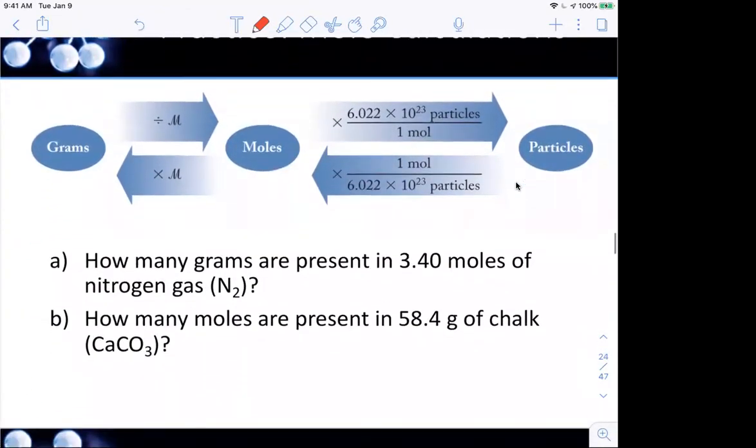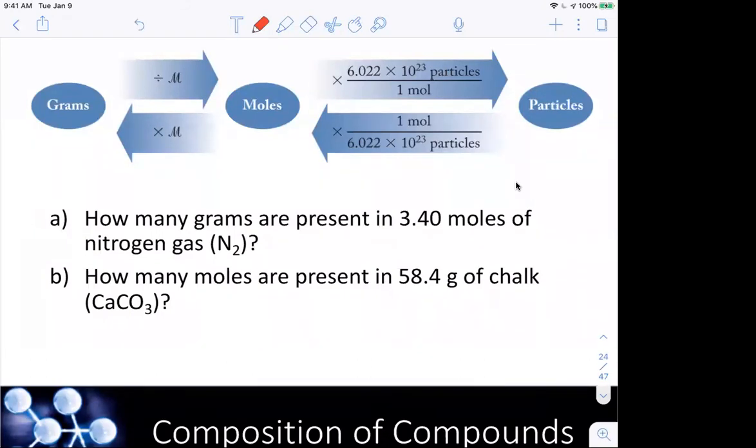Now, I can also use grams. If I just have a diatomic molecular element, the molar mass for N2 is going to be 2 times 14 because I have 2 nitrogen atoms.